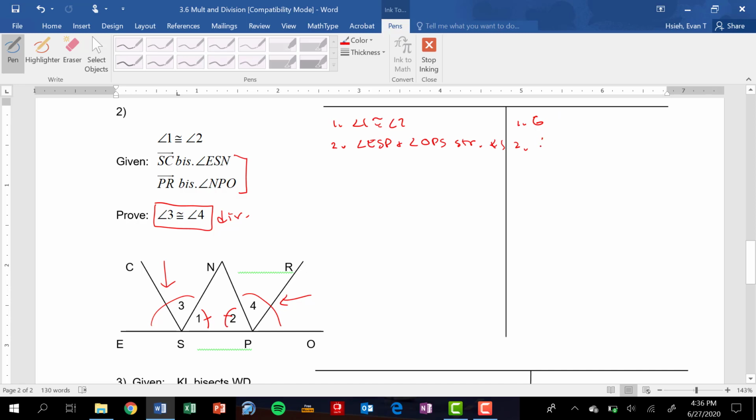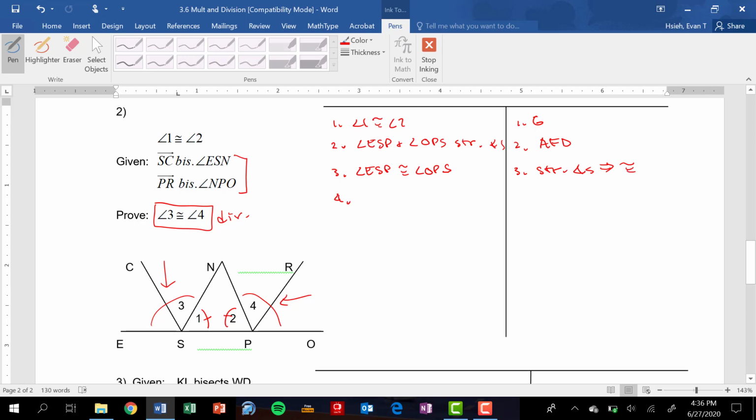I'm going to tell you it's going to be by assume from the diagram. Okay, you can say assume from diagram. And now I can say that those straight angles are congruent to each other. Angle ESP is congruent to angle OPS, because straight angles are congruent.